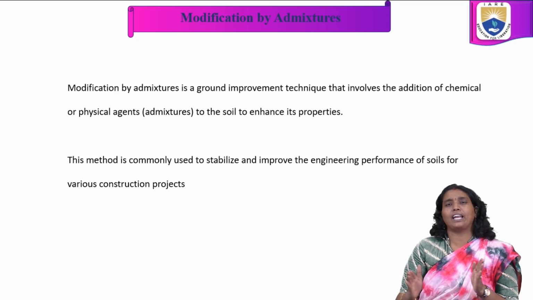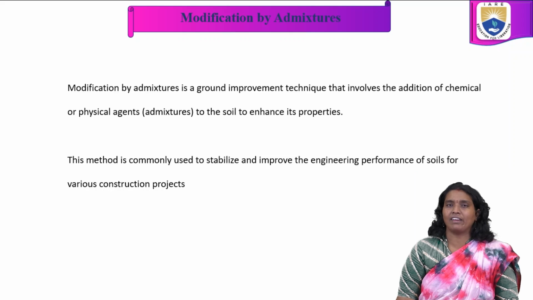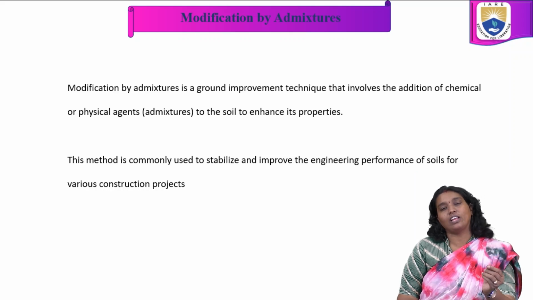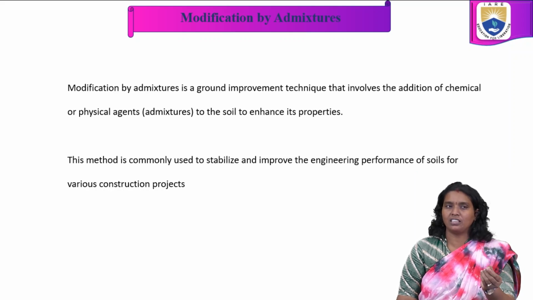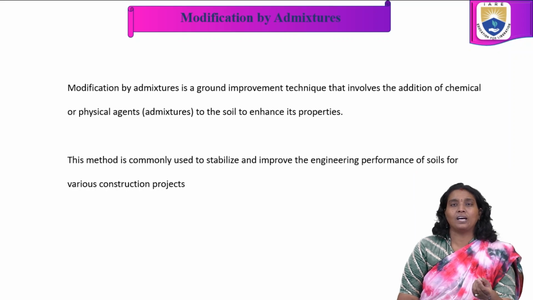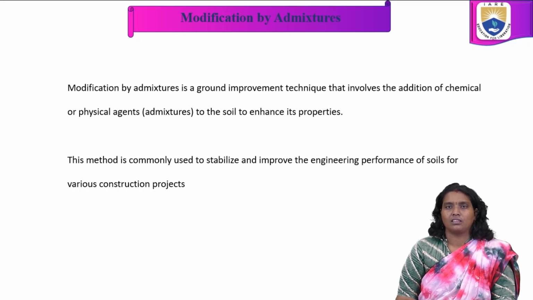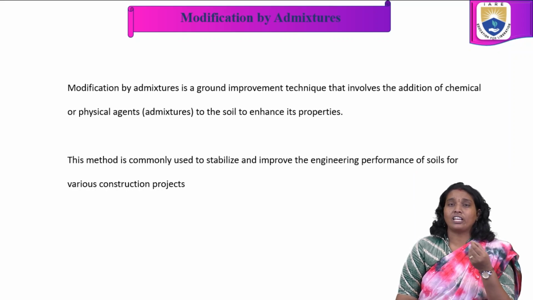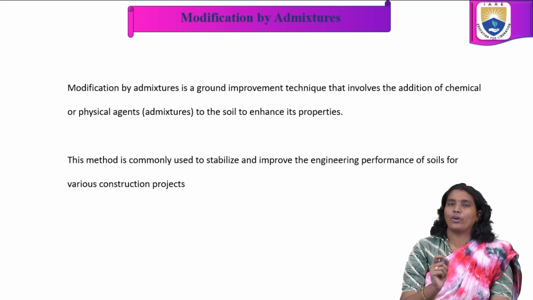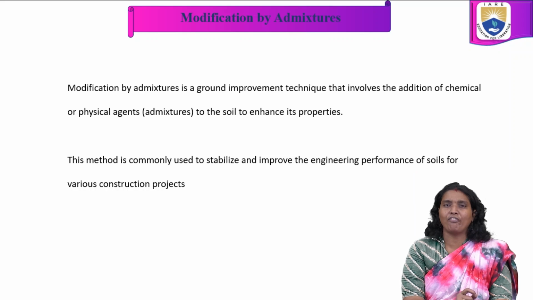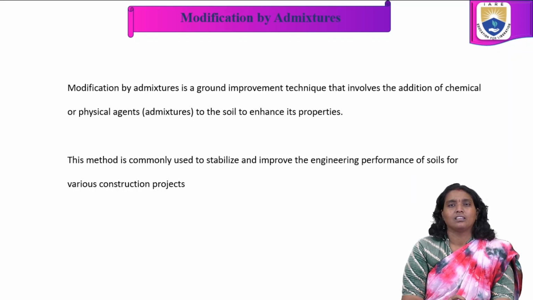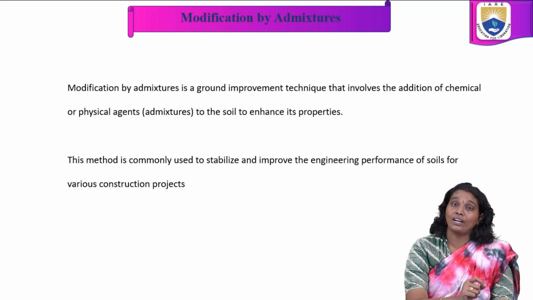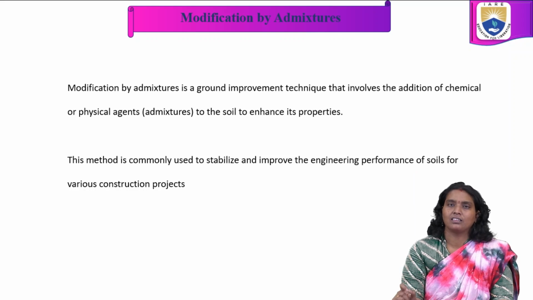Different types of admixtures are available for their own enhancement, modification and replacement of the soil. What kind of replacement is required for the construction work? We are going to consider those types of admixture for the better or required soil property for the completion of the project.